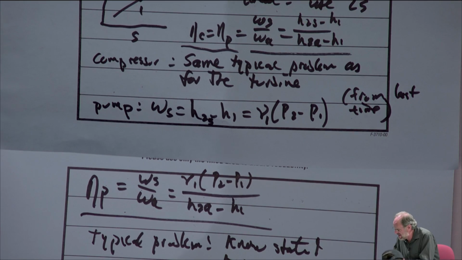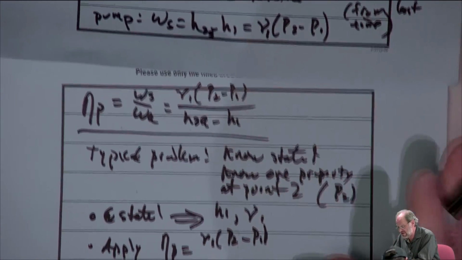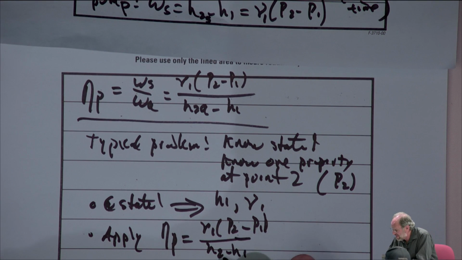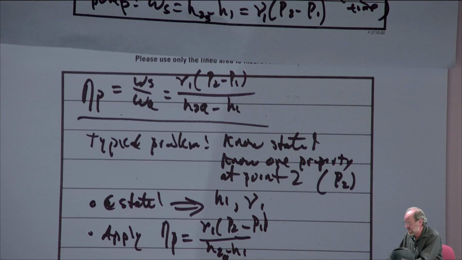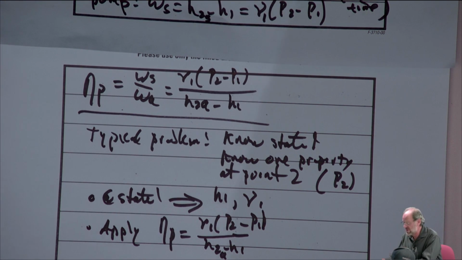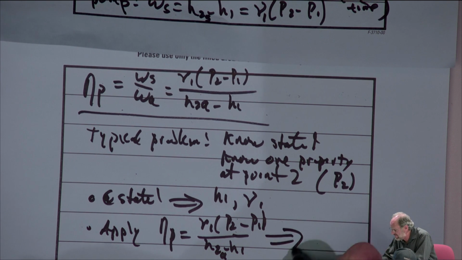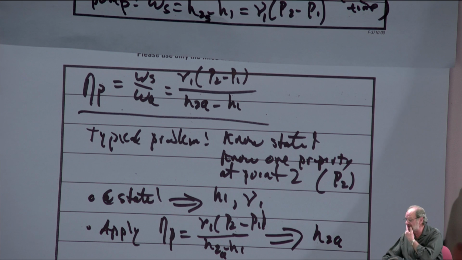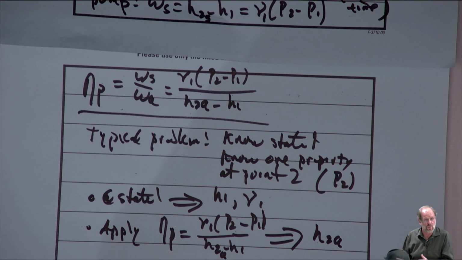And you can see that there's only a single unknown, right? We apply this isentropic efficiency equation, the same one that's written above. The only unknown is H2 actual, right? So we get the actual enthalpy, and then of course once we have the actual enthalpy, we can find the actual work. It's just the difference between H2 actual and H1.